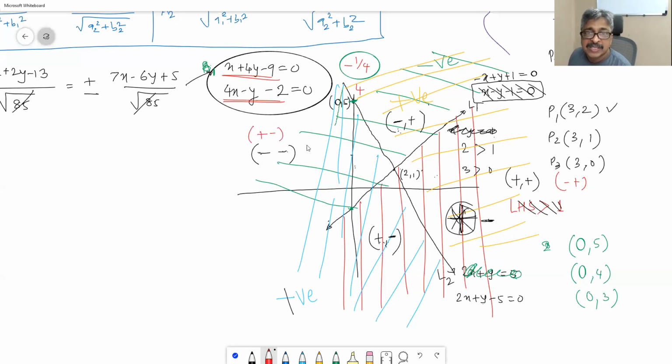Do we realize? Earlier this was minus plus, now it has become plus plus. Earlier this was plus minus, now it has become minus minus. So by multiplying the equation by minus 1, I change. But still, what happens? Same parity quadrants are vertically opposite, and opposite parity quadrants are still vertically opposite. That is good part of it.